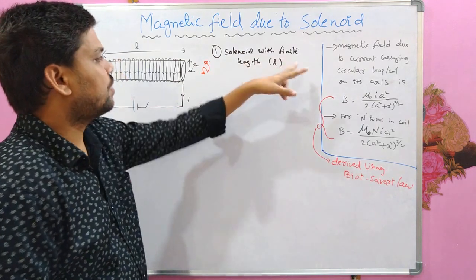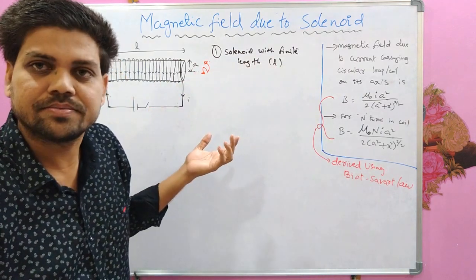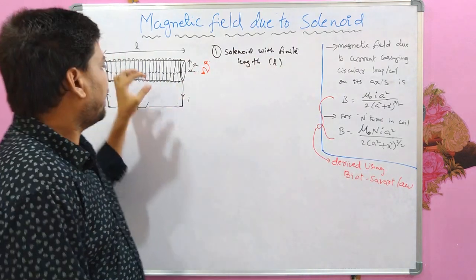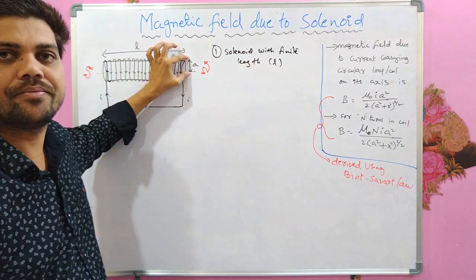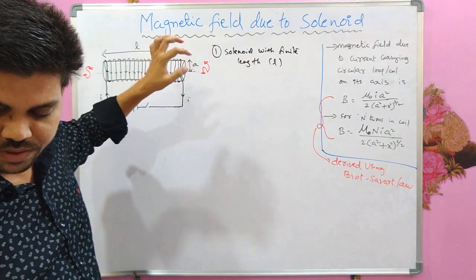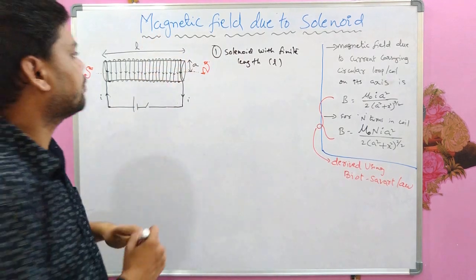The solenoid with finite length L I have considered, and the radius of that solenoid is small a. Okay, so the radius of the solenoid is small a.